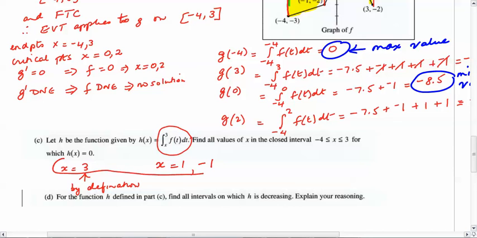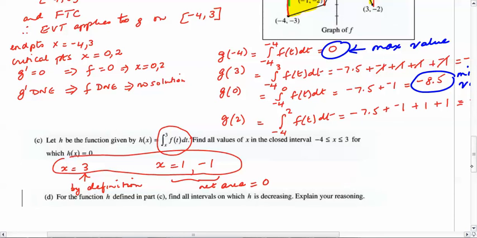So I have three answers. The first one is simply by definition. And for these two, the net area is 0. So there are three values of x that satisfy that.